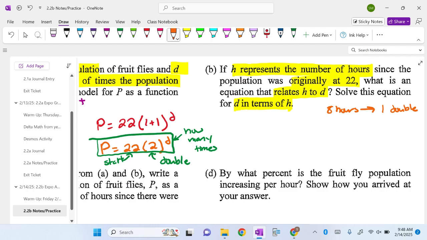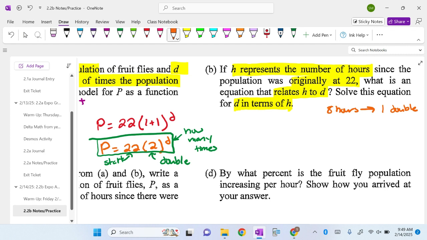So if we're going to solve D in terms of H, D is one double. So every 8 hours, we have one double.